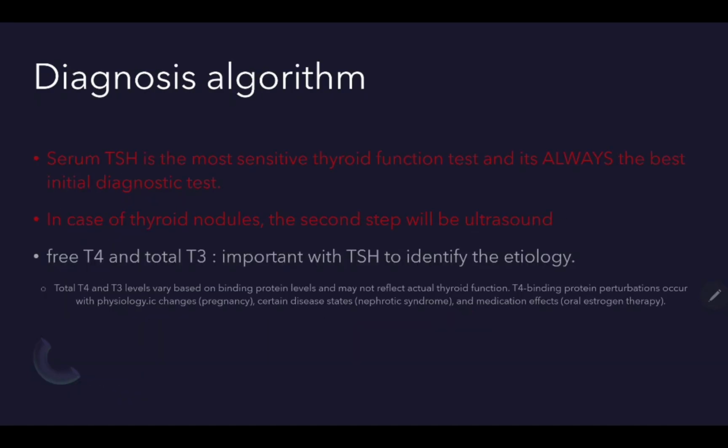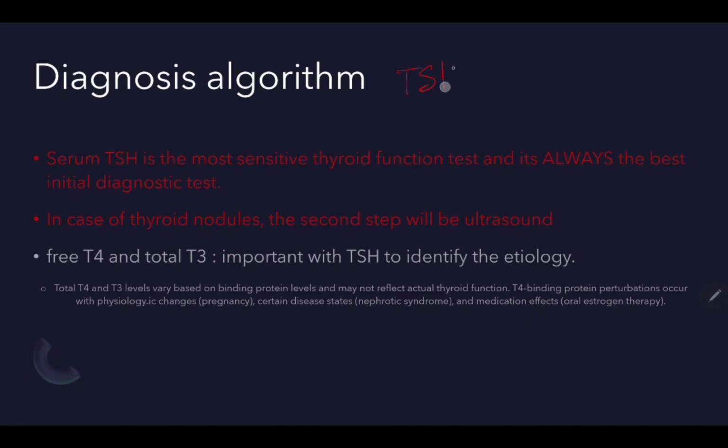Okay, so the diagnosis algorithm goes actually for most of the thyroid diseases. So a patient came to my clinic or to the emergency, I would say, how can I manage this patient and know the cause of the thyroid issue? First of all, before doing any kind of imaging or ordering any lab, you need to order TSH.